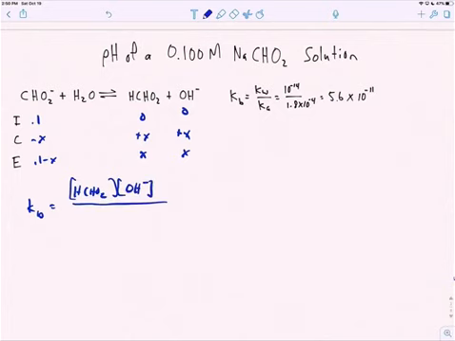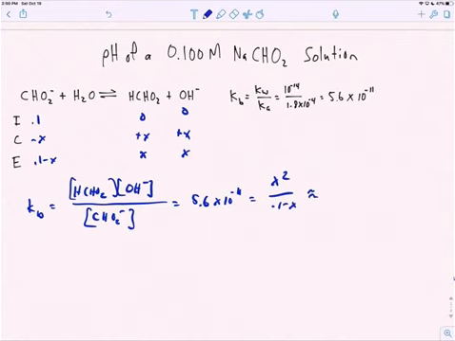Again, writing the hydrolysis, this is considered chemistry common sense. You have to know how to write this expression. And this is going to be equal to x squared over 0.1 minus x.